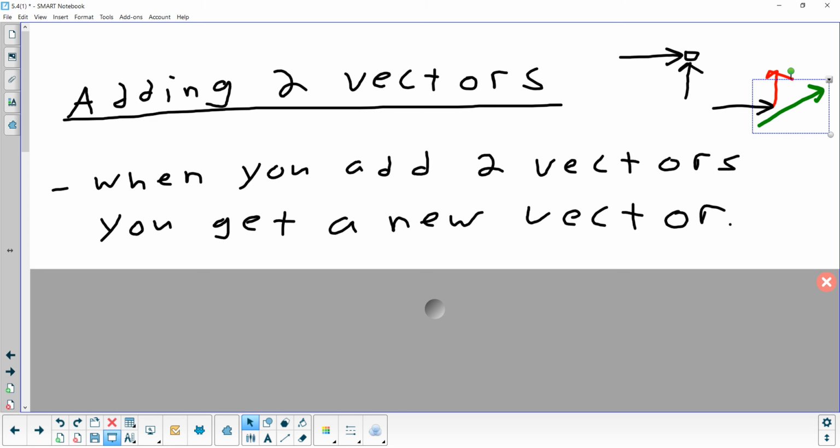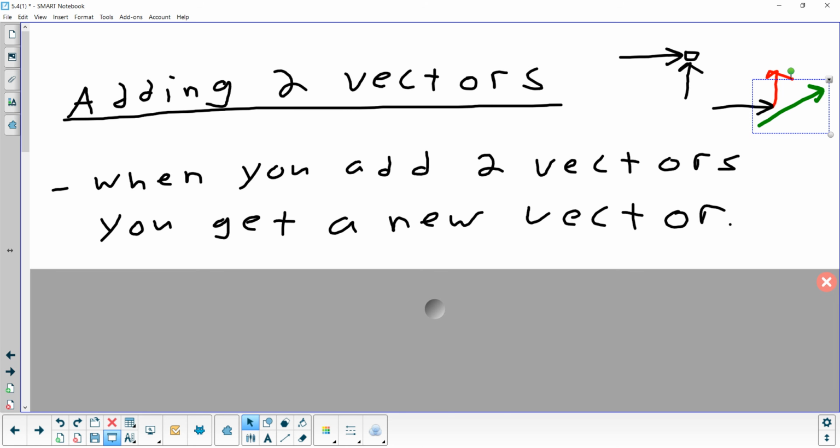Like if you push on something, and somebody else comes along and pushes, and you're each pushing in the same direction, well now you're combining your forces together and pushing. Compared to, let's say, you're pulling against each other. Like in a tug of war, if the rope isn't moving at all, it's not because there's not any tension in the rope. There could be a lot of tension in the cable.